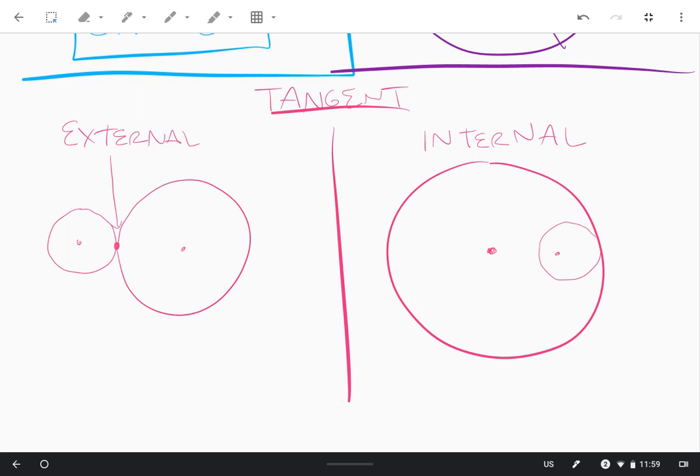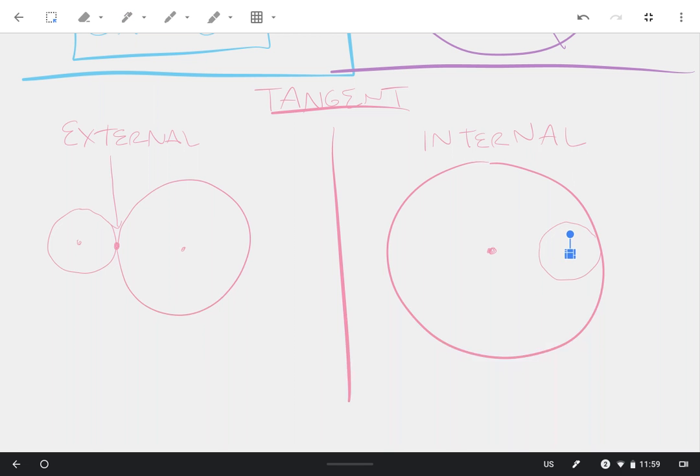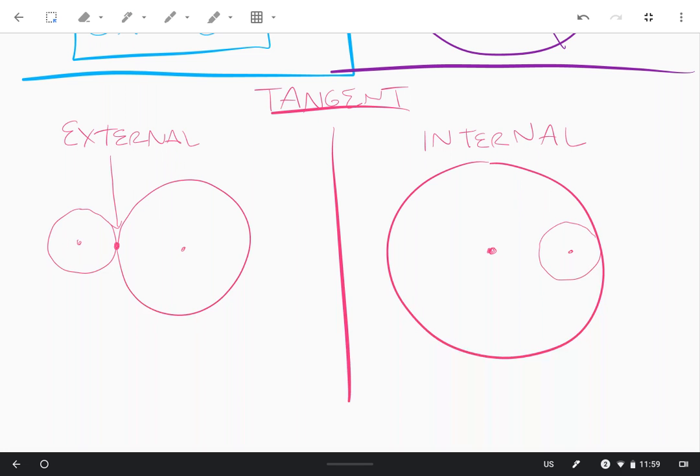Let's go ahead and take this guy and move him into the position. There we go. Much better. So these circles just cross at this single point right here on the edge of the circle, and they are going to be internally tangent. You have more diagram examples of that in the lesson.